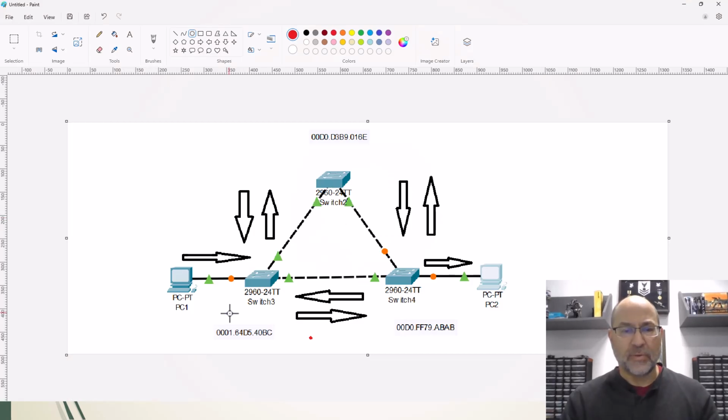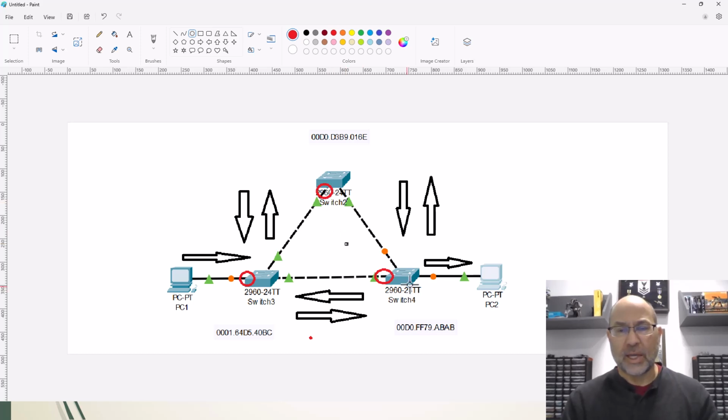From the perspective of switch 3, when this first happened, switch 3 would think that PC1 is right there. And if we follow the broadcast that goes along to switch 4, it would believe that PC1 is right there, right? Switch 2 would believe that PC1 was right here.